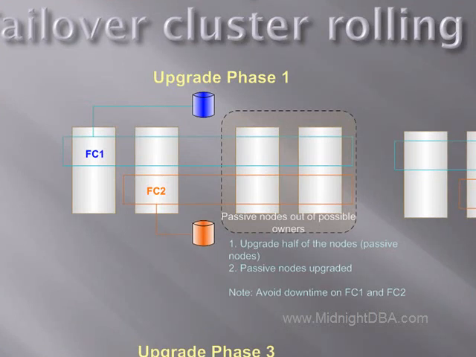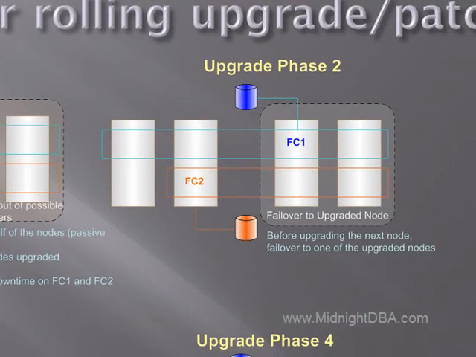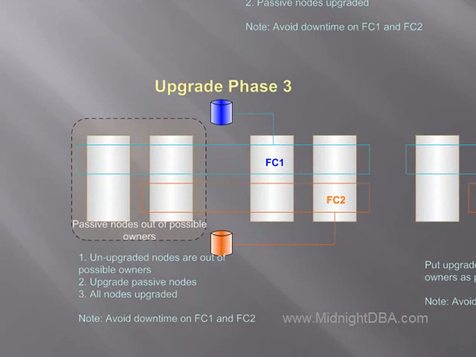Once you finish the upgrade of passive nodes, you move your FC1 and FC2 instances to the now upgraded nodes, which means those nodes will become active now, and then the new passive nodes you will start upgrading the same way as you did before.